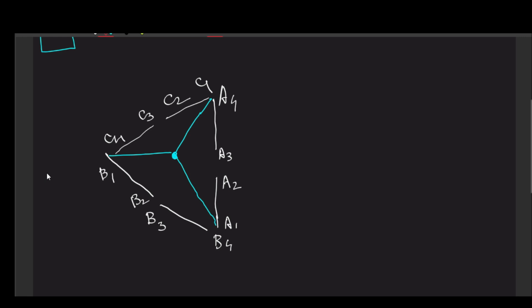We are looking for a phasor that is like this.